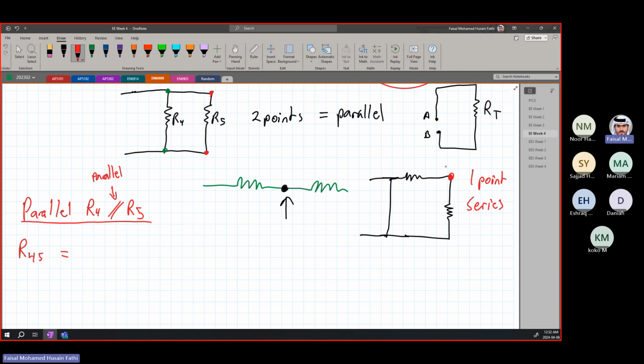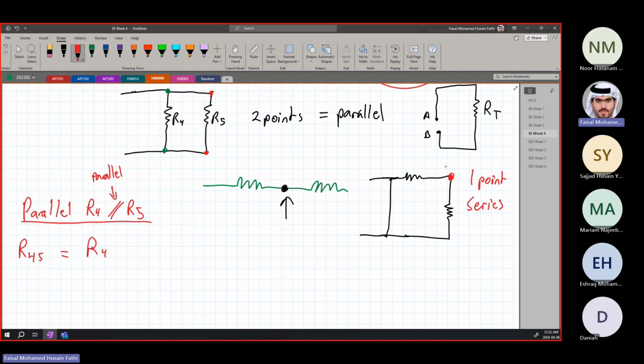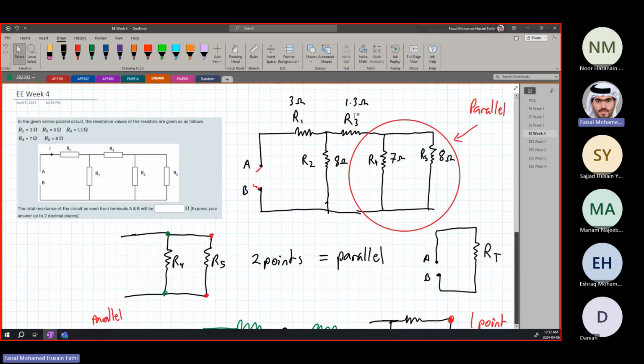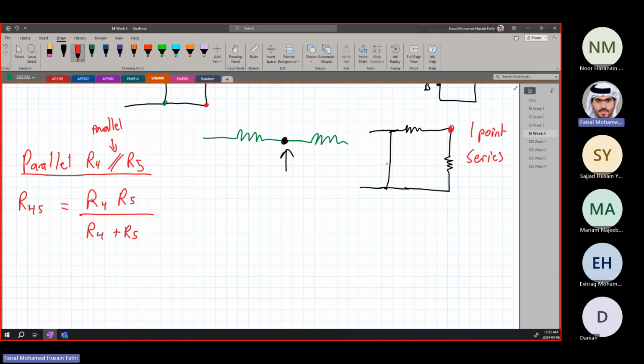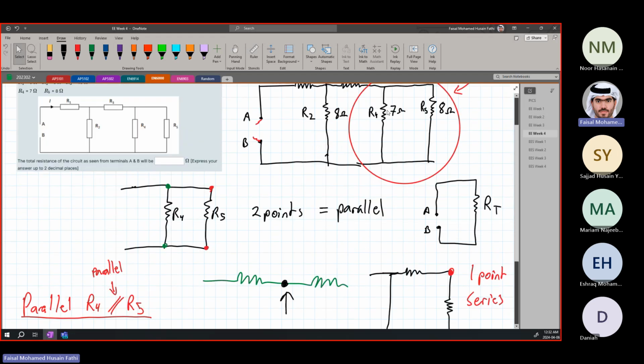What is it? R4 times R5 divided by R4 plus R5, because we're looking at only two resistors. We're not including anything else yet. We are just looking at the two. Alright. So because they are in parallel, we can apply this equation and we can just substitute the values now. R4 is 7.